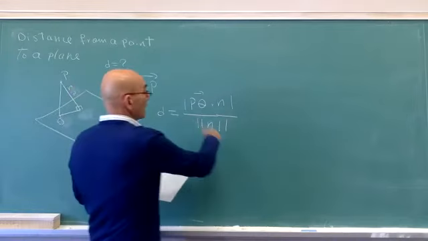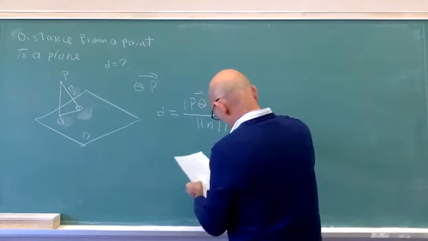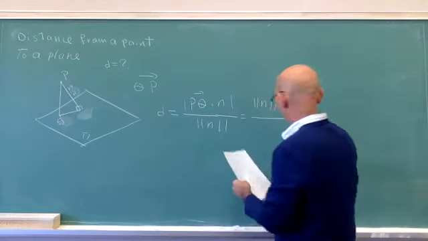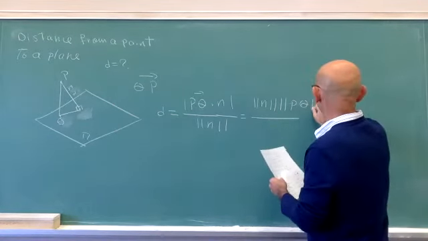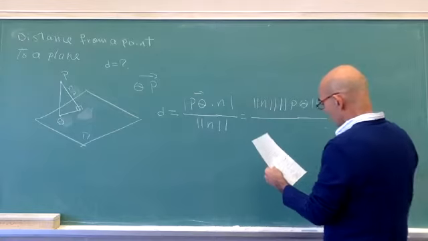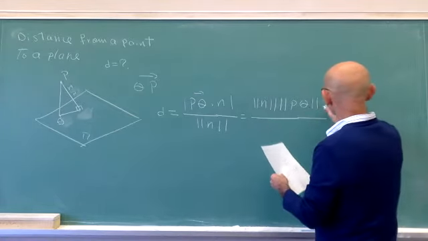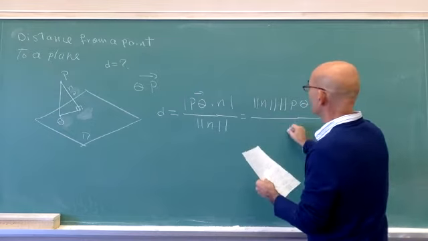So we can write that now using the formula for dot product. This is length of PQ, this is norm of n, norm of PQ times cosine of theta over the norm of n.